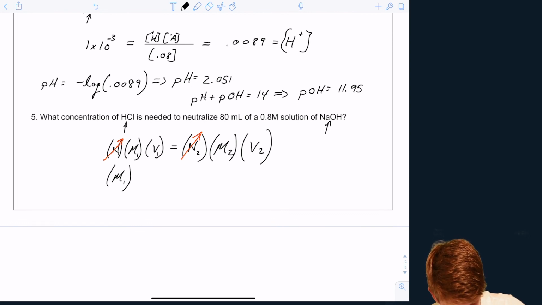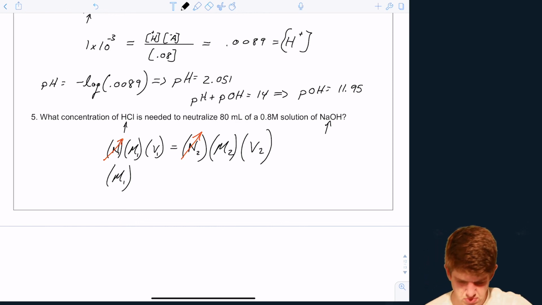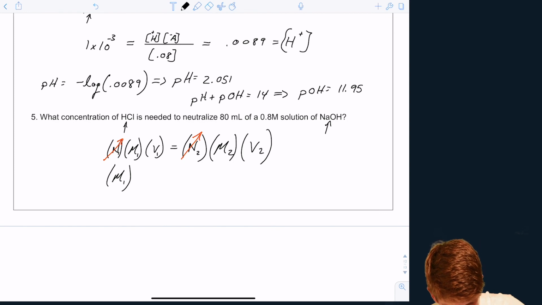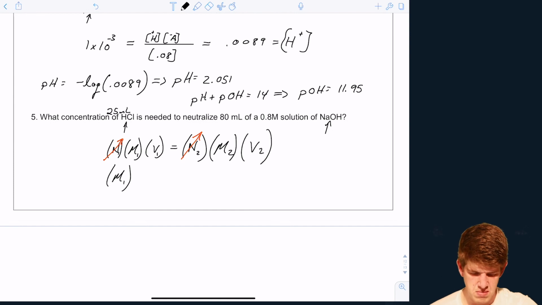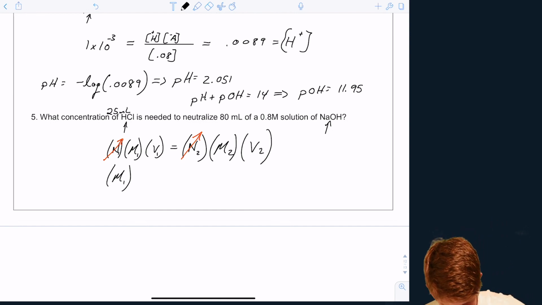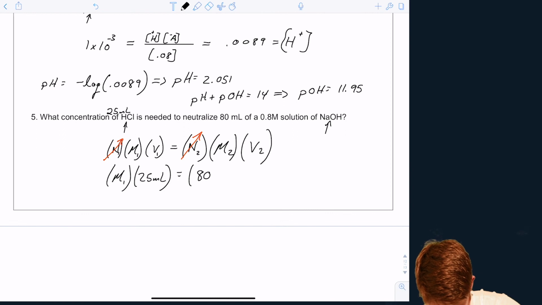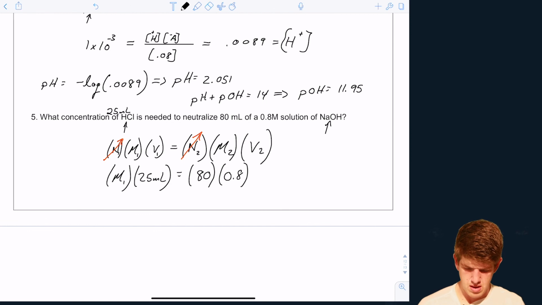What concentration of HCl is needed for this? Well, let's just assume, and I'll just make this up as we go, that we have 25 milliliters of HCl to neutralize 80 milliliters of 0.8 moles per liter NaOH.